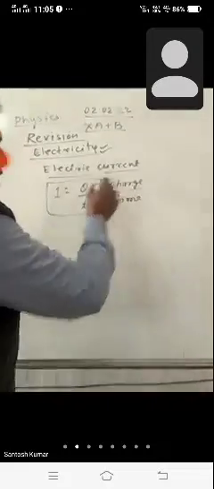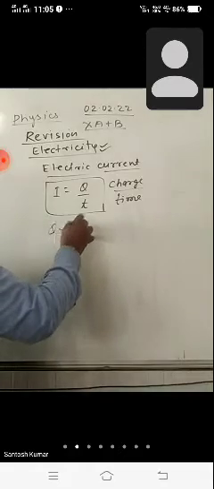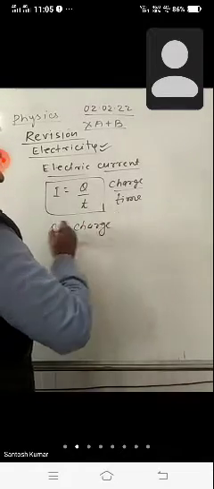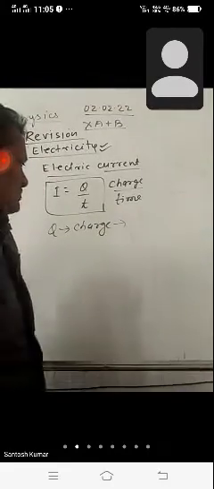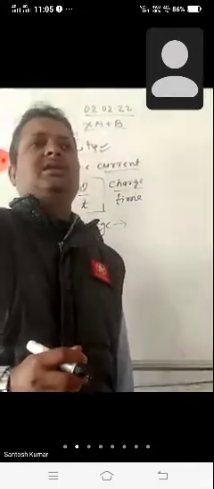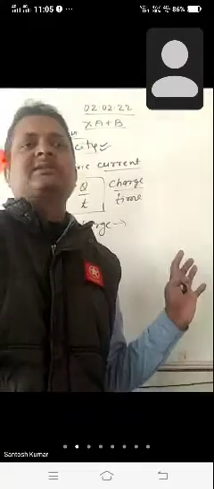So this word charge, Q, once again, we had gone through this charge. That is also one of the characteristics of matter. About charges, already we have gone through the properties of charges, like charges, unlike charges. Like charges repel each other, unlike charges attract each other.